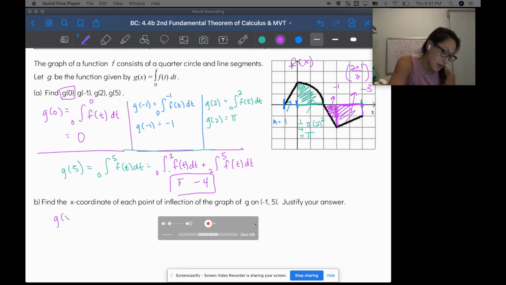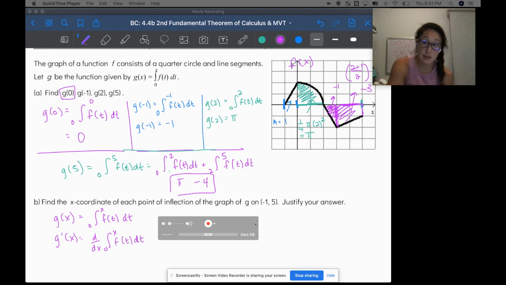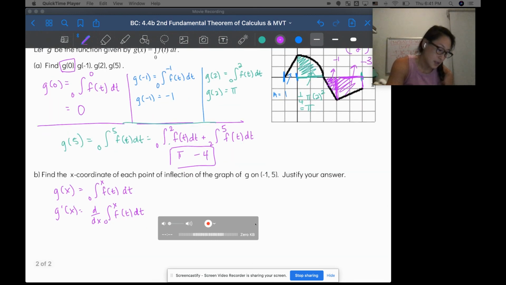So g of x is equal to the integral from 0 to x of f of t dt. Okay. If I take the derivative of each of these, g prime of x is equal to the derivative of the integral of f of t dt, right?